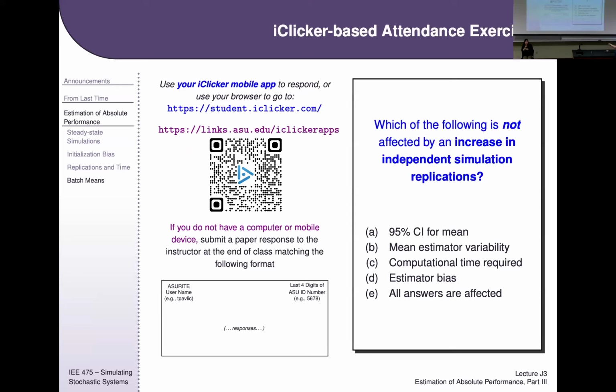And this isn't graded for correctness, but is the 95% confidence interval not affected by reps, the mean estimator variability, the computational time required, or the estimator bias, or are all of these things affected by how many replications you choose? So I'm looking for which one of these can you not get rid of by adding more replications, or which one of these is not affected by more replications. Regardless of how many days I teach this class, that will never be affected by the number of days.